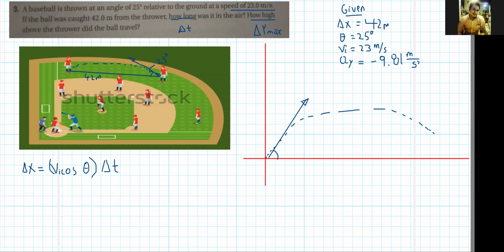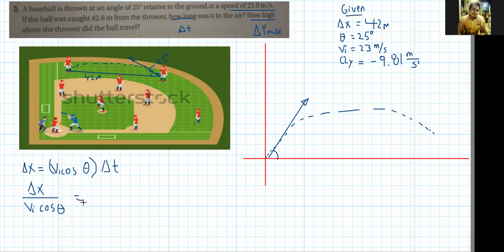So with this formula, what do I have to do? I just need to solve for the time. I have a multiplication, so I will move the variables that are on the side of the time as a division. So time equals horizontal displacement divided by initial velocity times cosine of the angle.